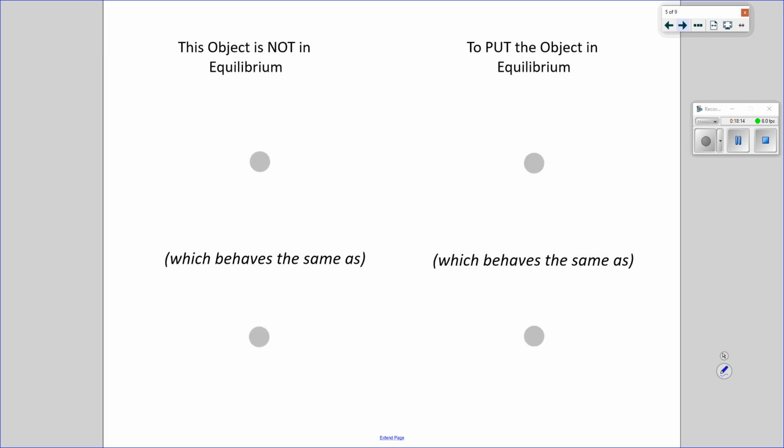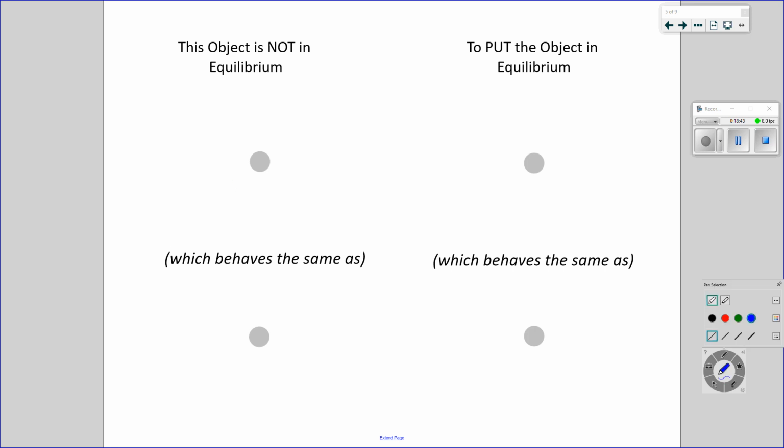Okay, here's an object not in equilibrium. Let's be pretty simple here. Let me change that. Don't draw that yet. Let's say this.